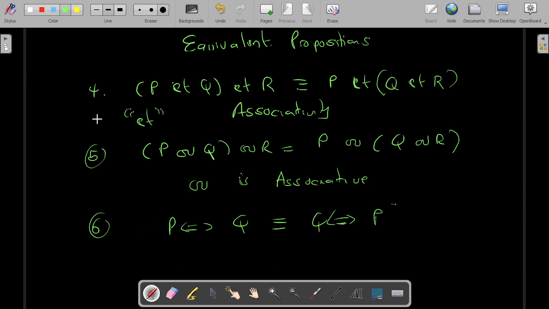The other two properties that you guys are supposed to remember are what are known as the De Morgan laws. So what are these De Morgan laws? The De Morgan laws are everywhere. They appear in sets. You'll find them in a lot of places.